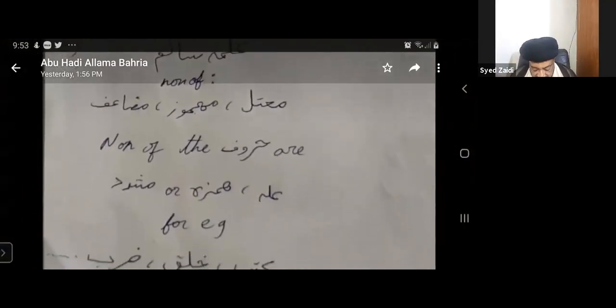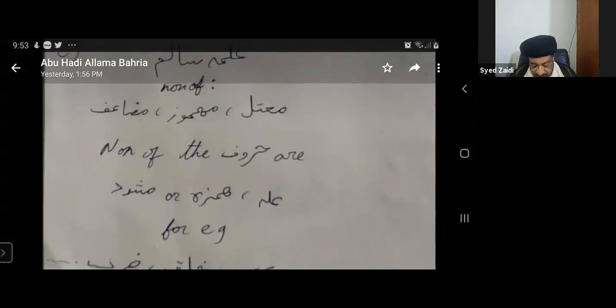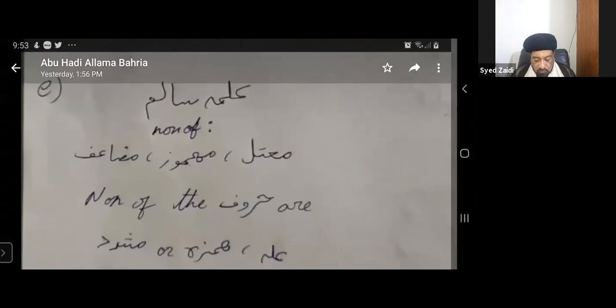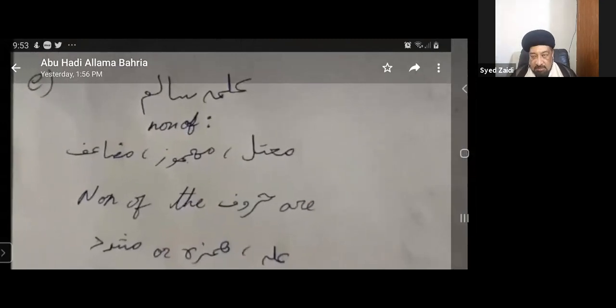Very easy, mashallah. Right? So huruf illa are not there, hamza is not there, and huruf mushaddad are not there, then it becomes kalama salim.